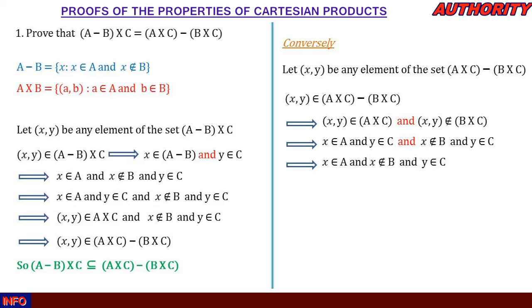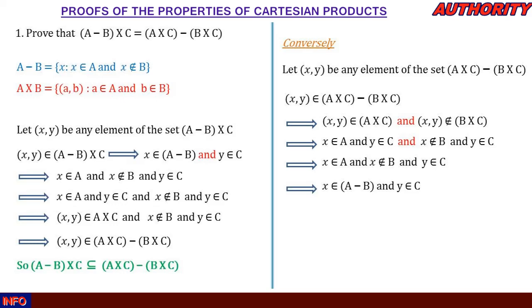Now let's go. If X exists in A and X is not in B, what does it mean? It simply means A difference B. So we can say that X exists in A difference B and Y exists in C. What does it imply?